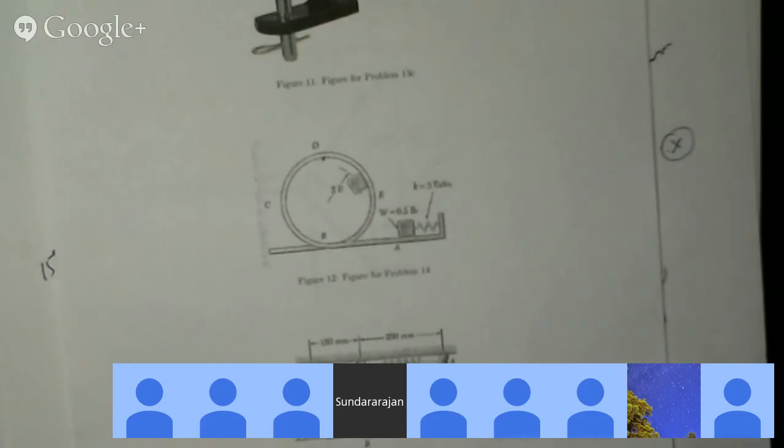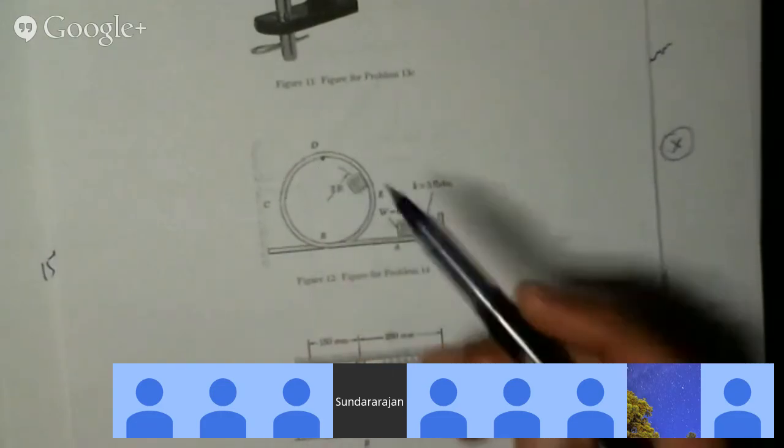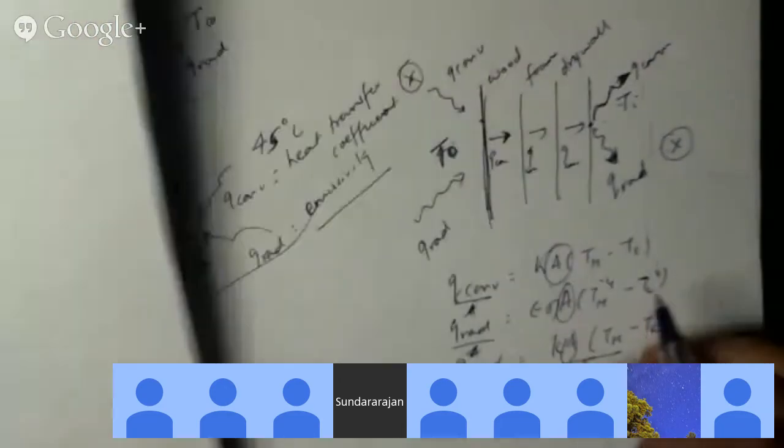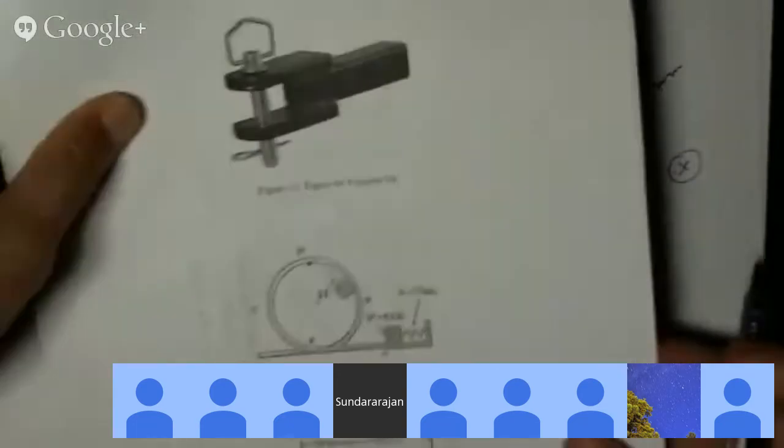So then if the normal force is zero, draw the free body diagram for it at the top, at this point. Okay, let me write on this.